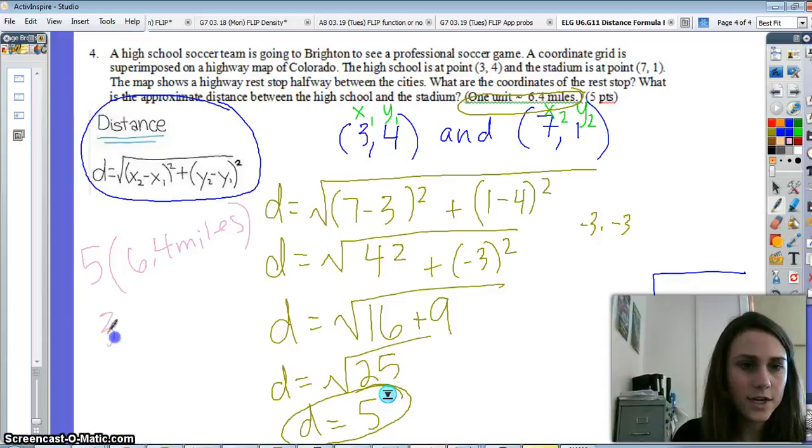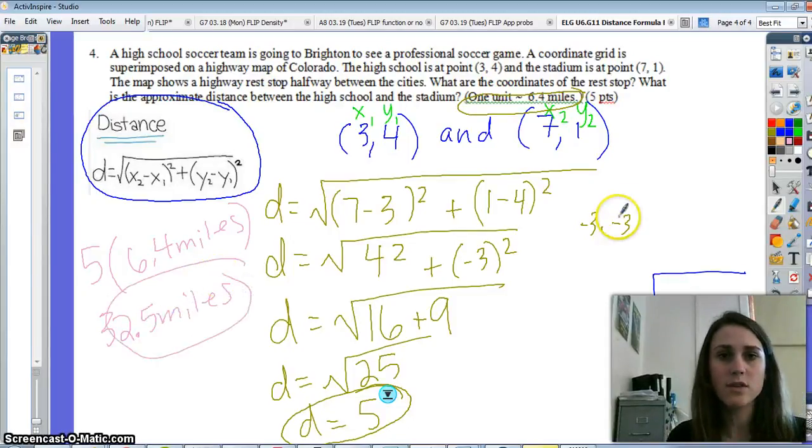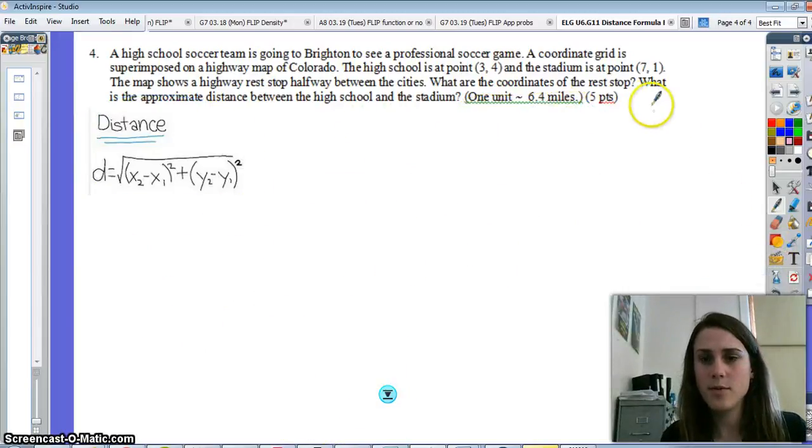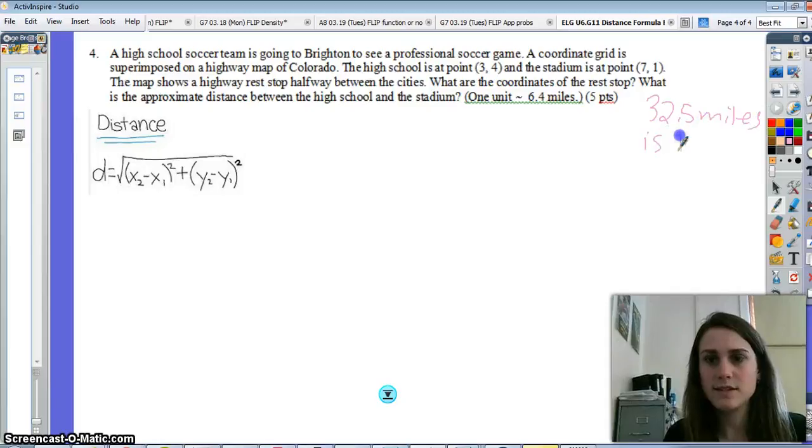Yeah, 32.5 miles is the distance between the high school and the stadium. Okay, so part 1, 32.5 miles is the distance between the high school and the stadium.